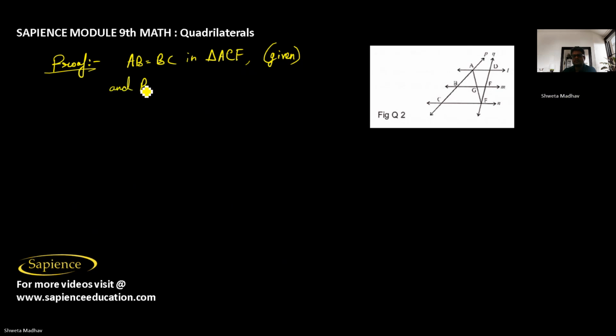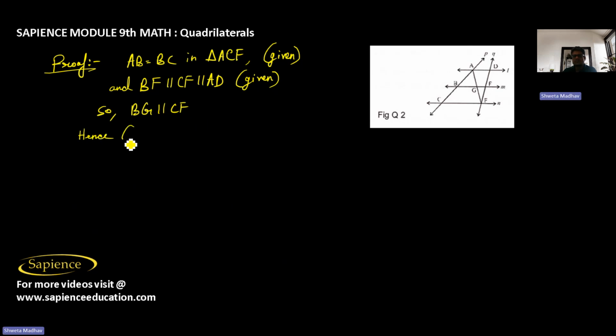And BE is parallel to CF, which is parallel to AD, which is also given. So hence I can say BG is parallel to CF. Hence we can say that G is the midpoint of AF.